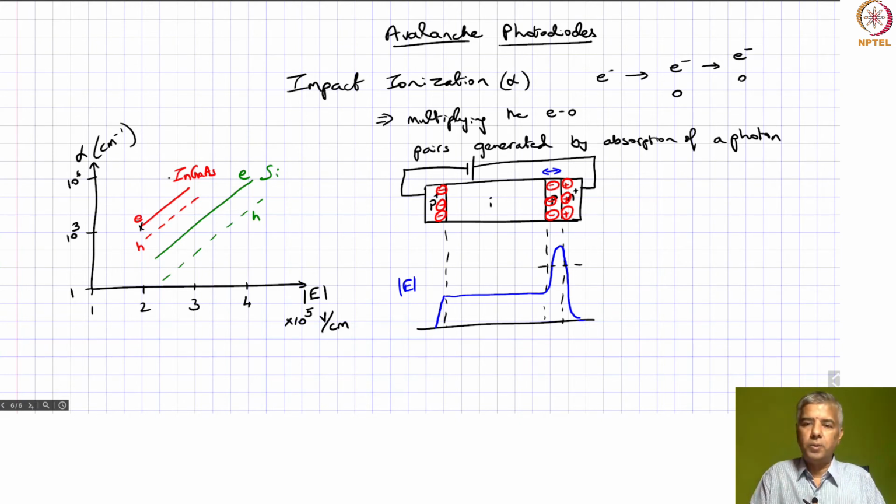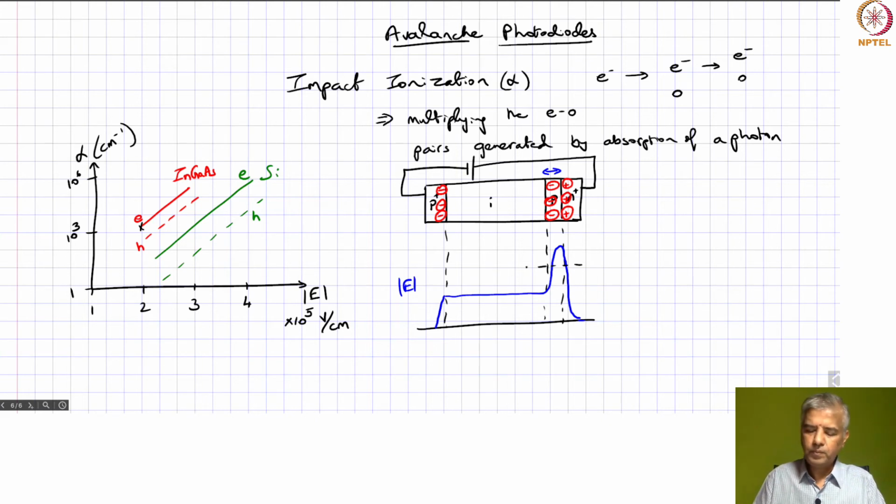If you go beyond this threshold, you start having a lot of impact ionization events happening, and because of that you will have a large multiplicative gain.